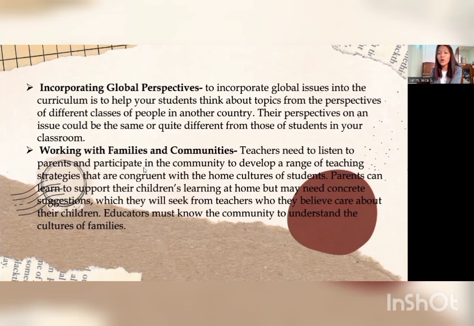Educators must know the community to understand the cultures of families. Yes, as a teacher educator myself, we should know how to communicate with other families. We should talk to the parents. The teachers should talk to the parents of their students as well as the communities.